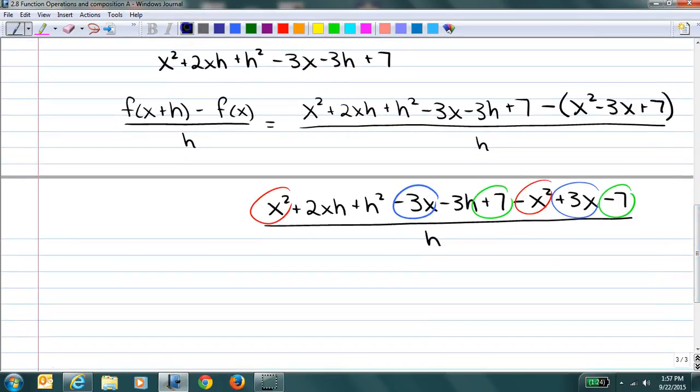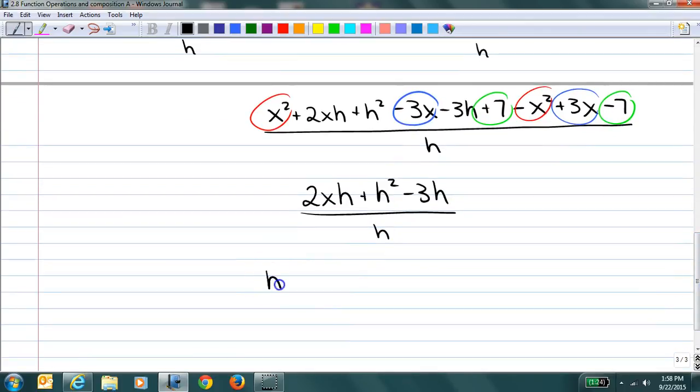That leaves me with 2xh plus h squared minus 3h all over h. Oh my gosh, I could factor an h out of that. Cancel my h's.